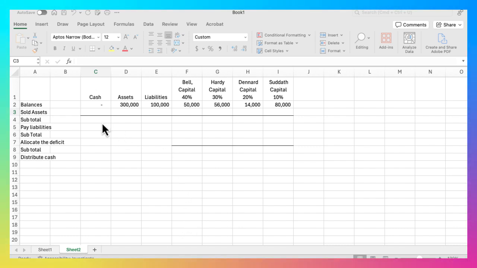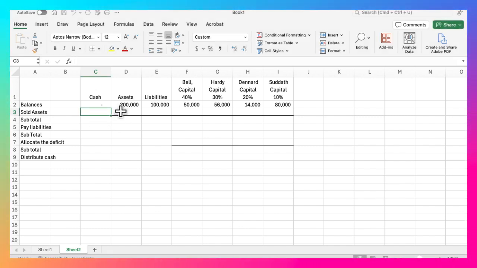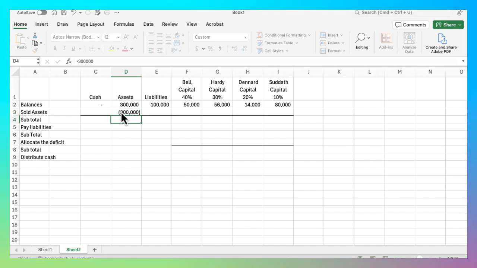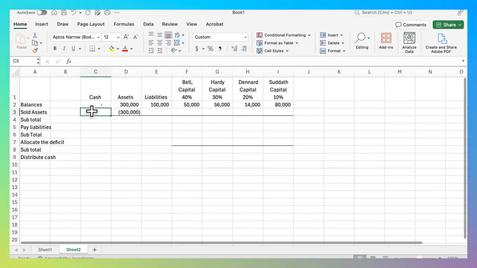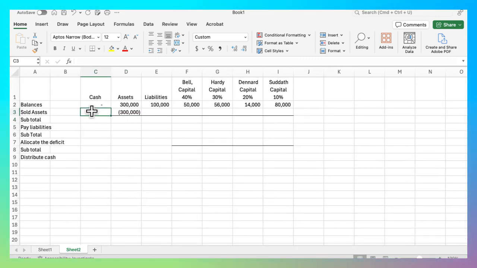Okay, so I'm going to say we sold the assets. Minus 300,000. And because we sold those assets, we got cash. Specifically, we got $190,000.